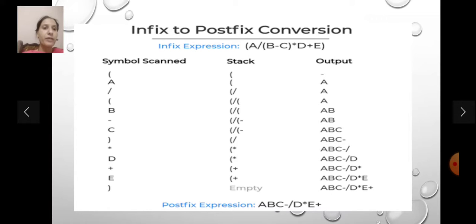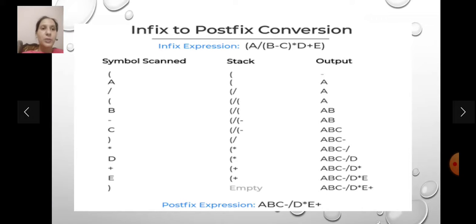Now again we have bracket, slash, bracket, and the output we get is ab. Then we input minus, so the stack has bracket, slash, bracket, minus, and the output is ab. Then we enter c. The stack has bracket, slash, bracket, minus, and in output we get abc.